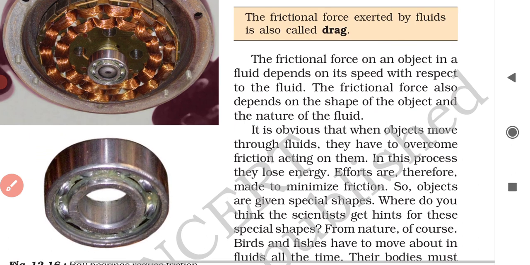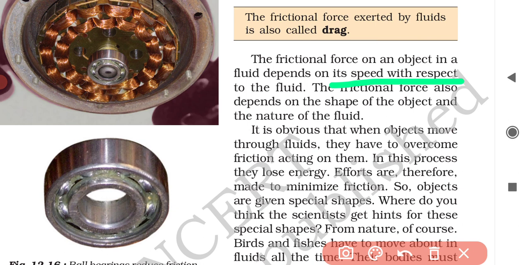Now there are some factors on which the magnitude of frictional force depends. The magnitude of frictional force, or drag force, exerted by a fluid on an object moving through it depends on three factors. First of all, it depends on the speed of the object.